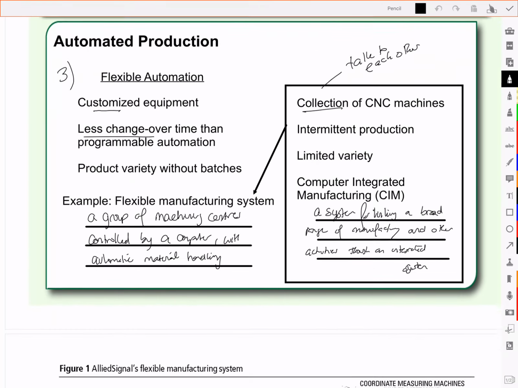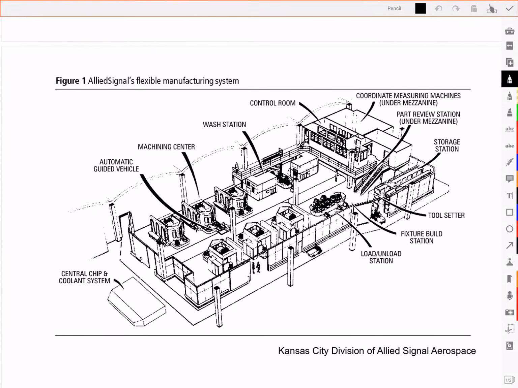You can see another example of that here. So this is Allied Signal. They make landing gear for airplanes. And it's a little hard to see on this picture, but there's a little trolley system right here. And then you have all these workstations. So as the landing gear get made, what happens is the computer integrated manufacturing takes the work in process to the next workstation.